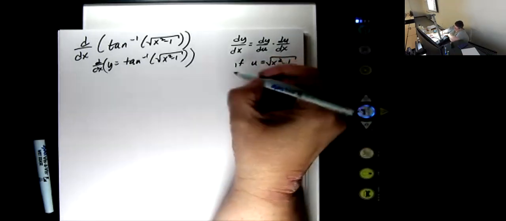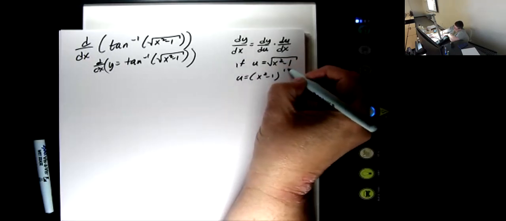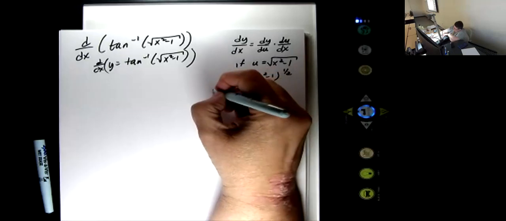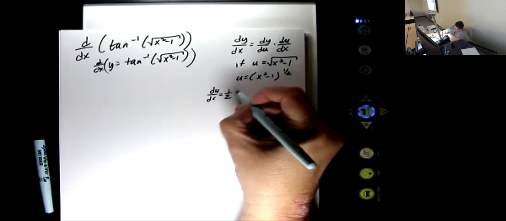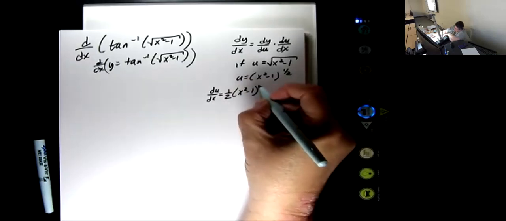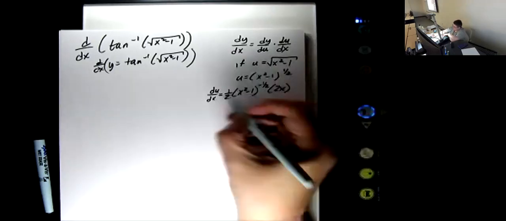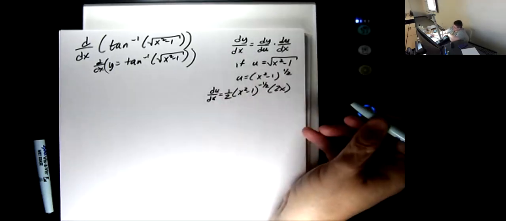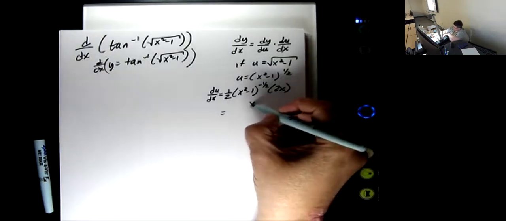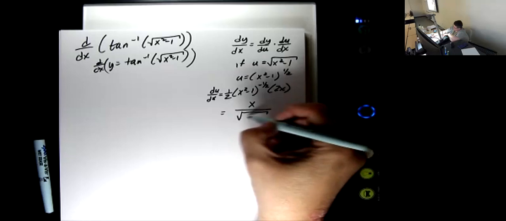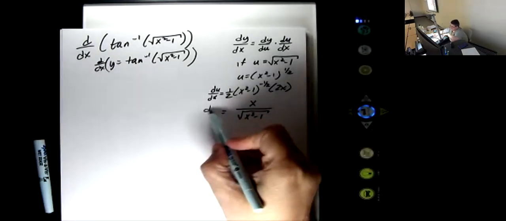So for du dx, u equals x squared minus 1 to the 1/2. So du dx is, I'll bring that power down, lower the power by 1, and then multiply by the derivative of the inside. If I write this a little bit cleaner, this is x over the square root of x squared minus 1. That's du dx.